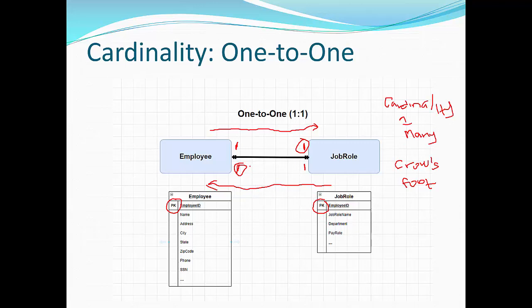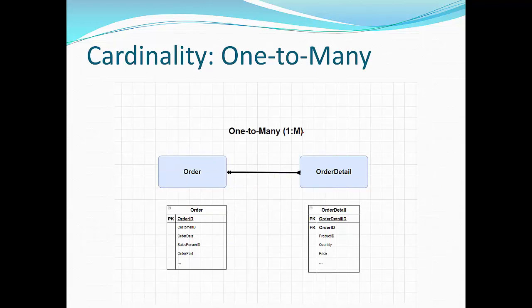Let's move to our one-to-many. In the one-to-many, one thing that I want you to know is that if you look at this particular diagram right now without anybody telling you anything, you can see those two vertical bars on this side, so you know that the other entity is the one side, right?